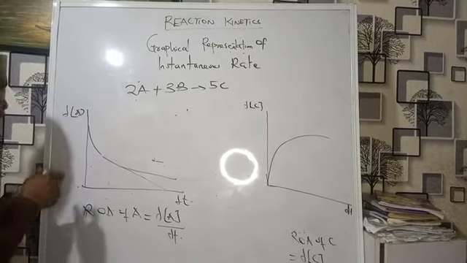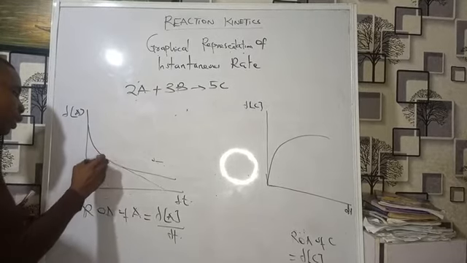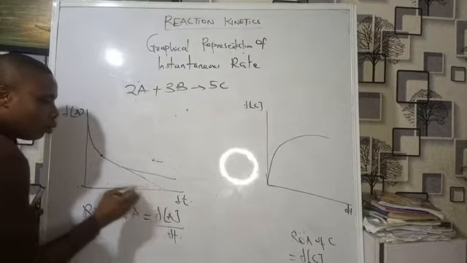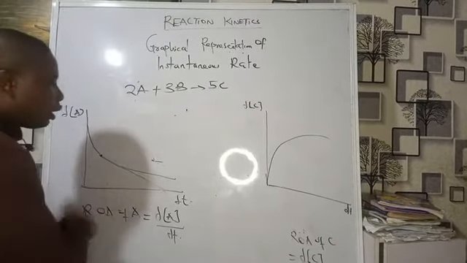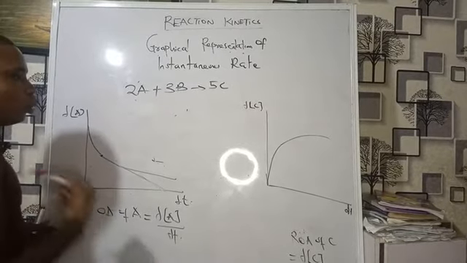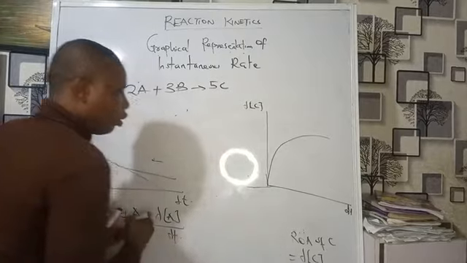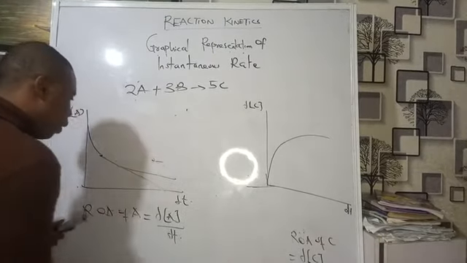We are picking a point in this place. So you draw a tangent. Okay? Pick a point, draw a tangent to the x-axis. In this case too, for you to get the slope, you draw a tangent. Now I will come back to this.